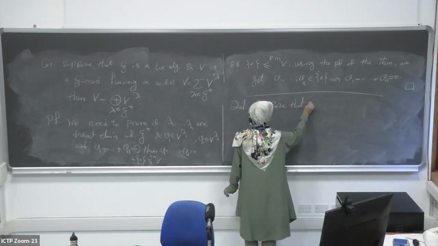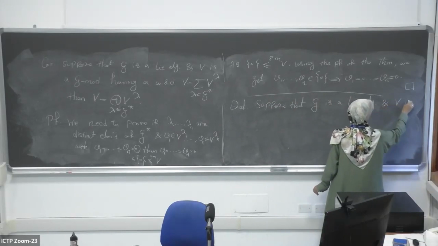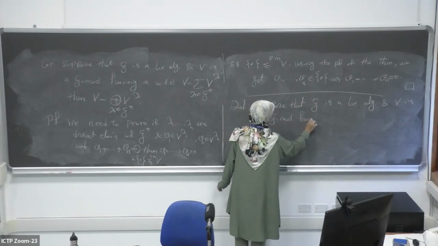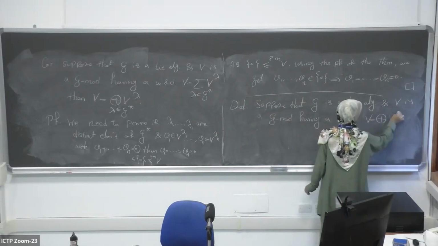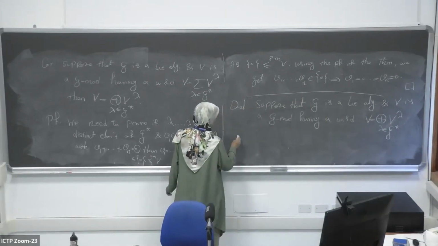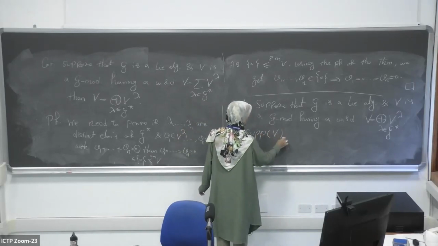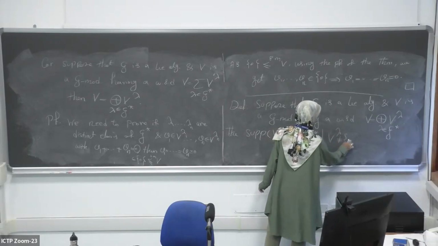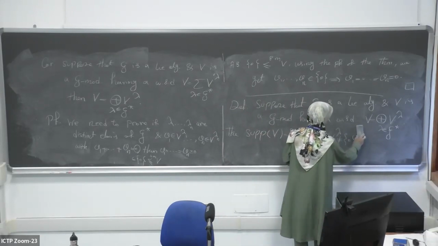Suppose that G is a Lie algebra and V is a G module having the weight space decomposition, which I can write as the direct sum with respect to G. The set of all elements lambda of G star such that V lambda is not 0 is called the support of V.